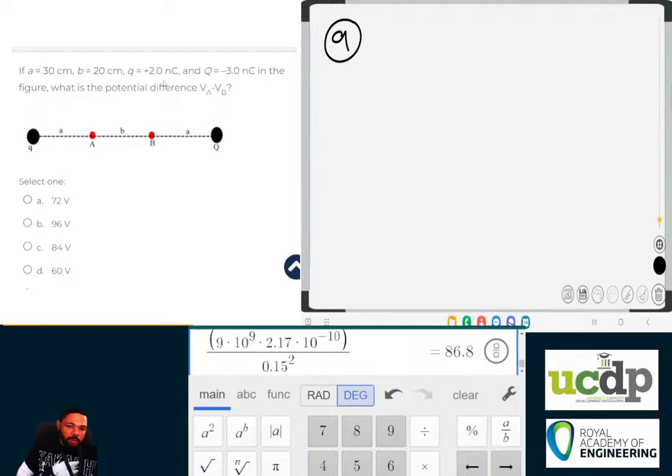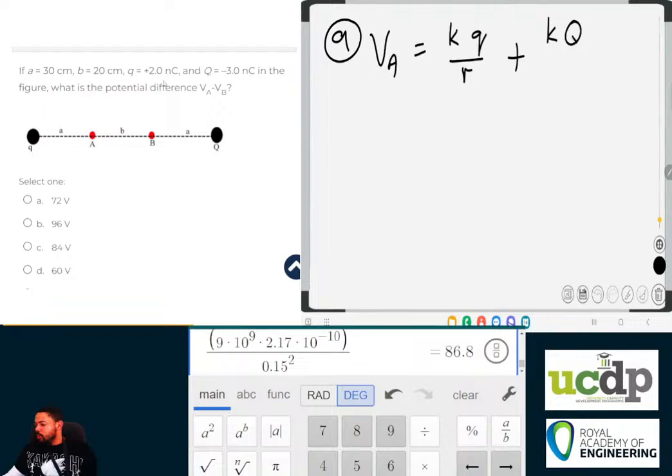In the figure, what is the potential difference VA minus VB? First of all, let's calculate the potential at point A. The potential at point A is equal to the potential due to charge Q plus the potential due to charge capital Q.